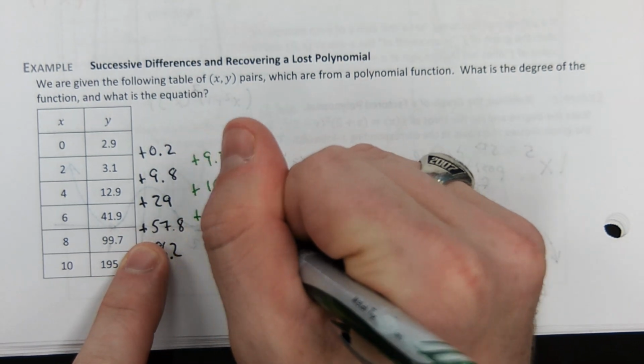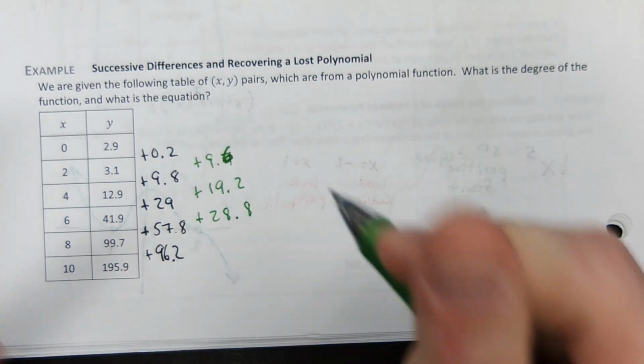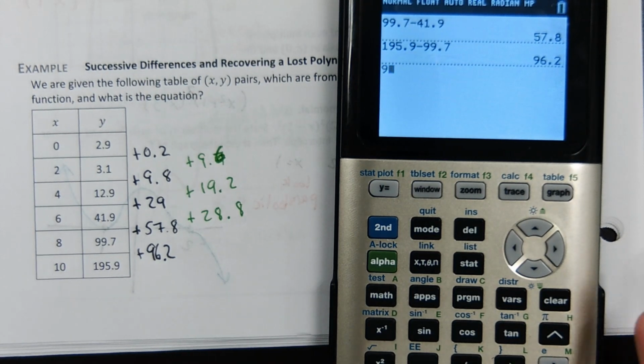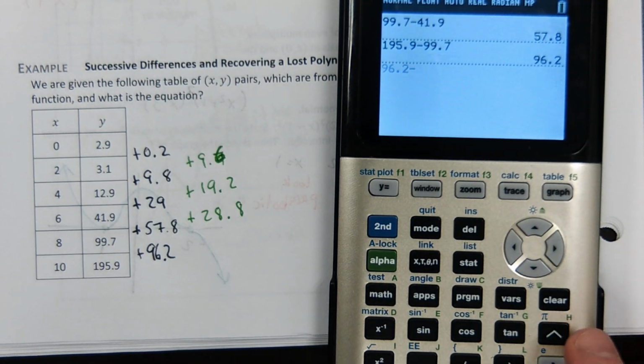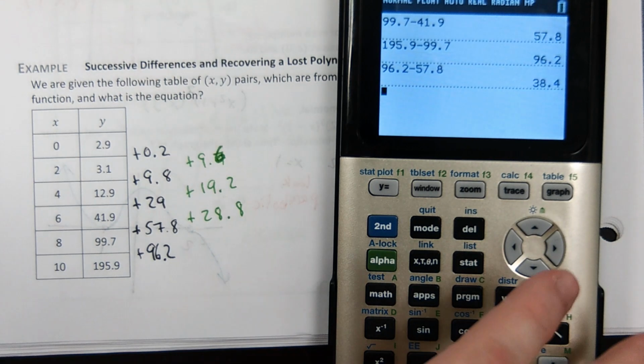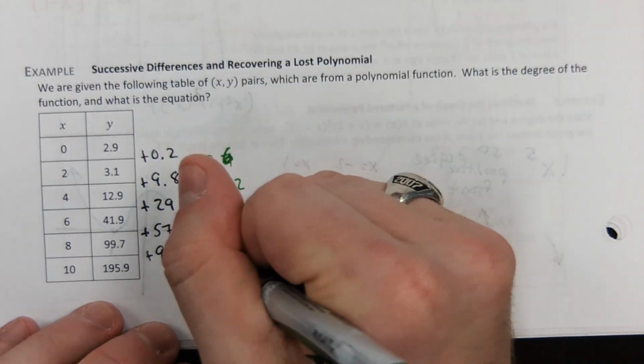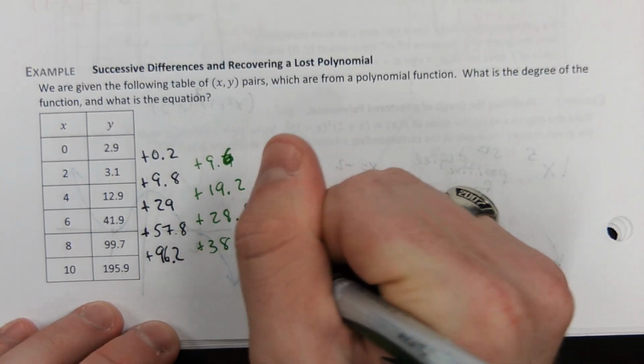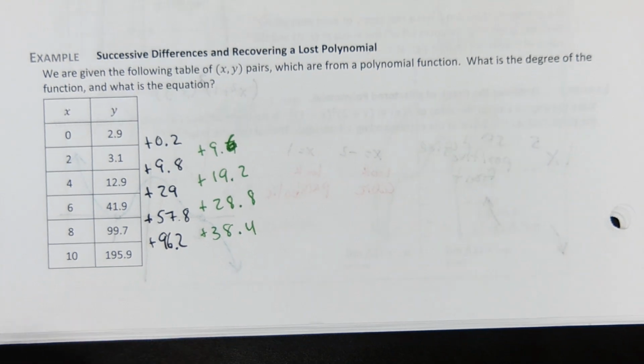Then 28.8. And the last one I'm not even going to try: 96.2 minus 57.8 is 38.4. Okay, my second differences were not constant values, therefore it is not quadratic.